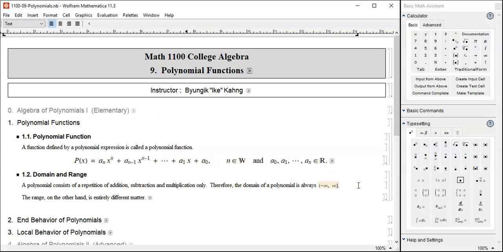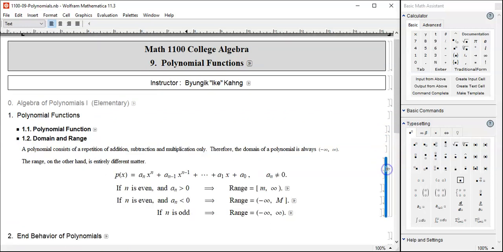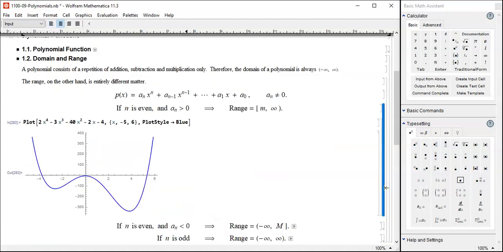Now, the range, on the other hand, is an entirely different matter. Here are some examples. It turns out that if n is even, that is, the degree is even, and the leading coefficient is positive, then we have this kind of range. We have the absolute minimum here, and then upward it goes on forever.